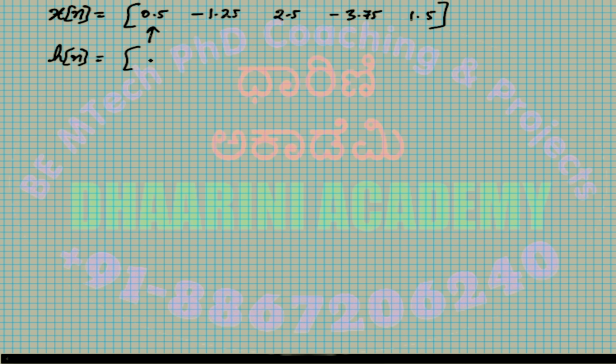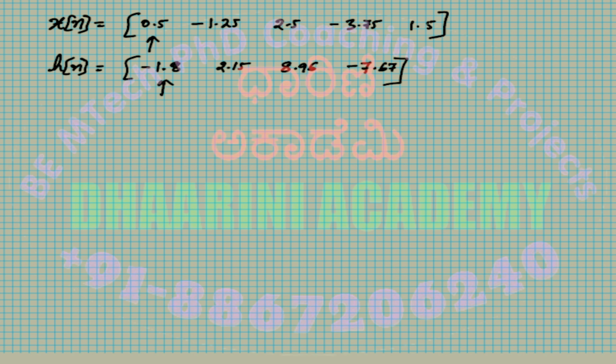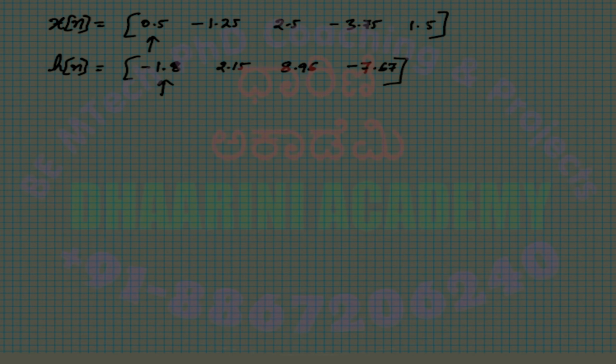H of n is equal to minus 1.8. So again, this is the starting point. 2.15, 8.96, minus 7.67. Okay, so perform the convolution of these two signals, right, or functions by using the tabular method.